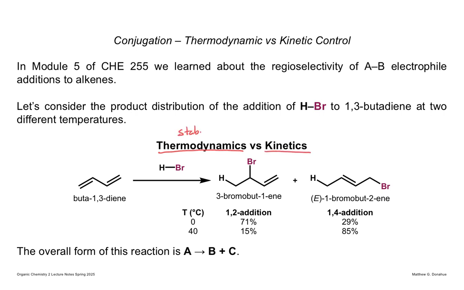Thermodynamics typically relates to stability, and kinetics to rate. We're going to start with buta-1,3-diene, and again pi bond, sigma bond. The electrophile we're using is HBr.